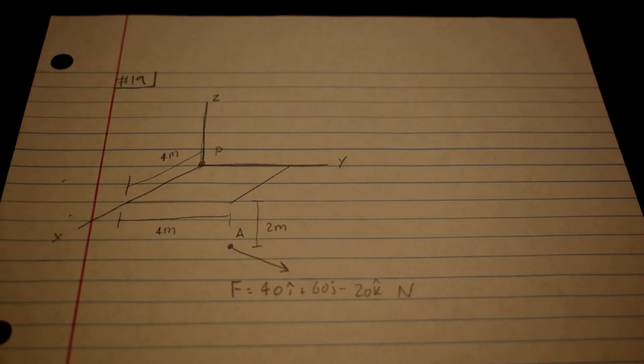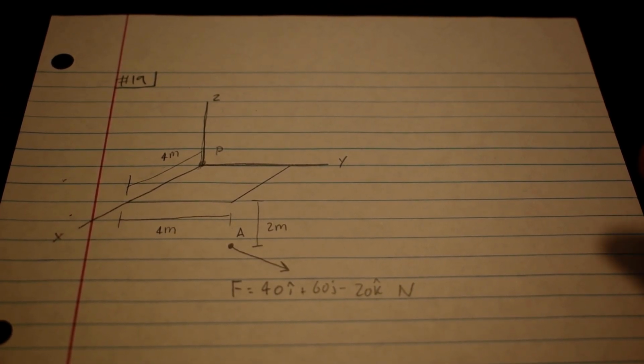So this is a 3D problem, and when we're dealing with moments and weird directions and weird spaces, it's best to use a matrix method to keep all of those things in order.